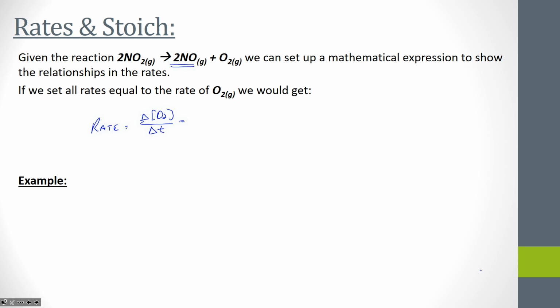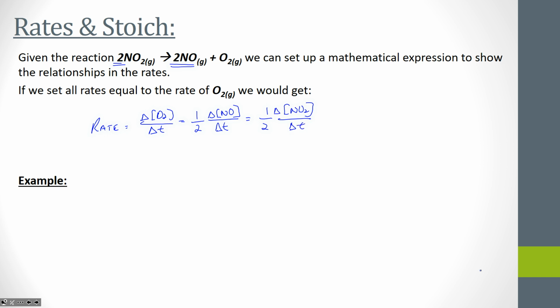To make that rate the same as the rate of oxygen, we would have to make it half as much because it's a 2-to-1 ratio. So that's going to be equal to half the change in NO over change in time. And it would be the same for this one because it should also be half. So it would be equal to half the change in NO2 over change in time.